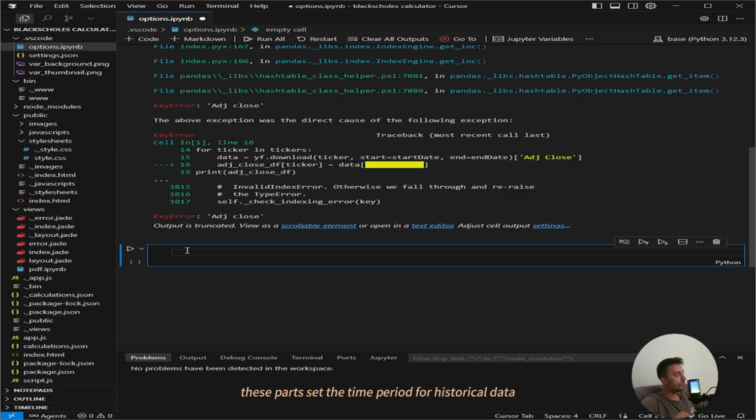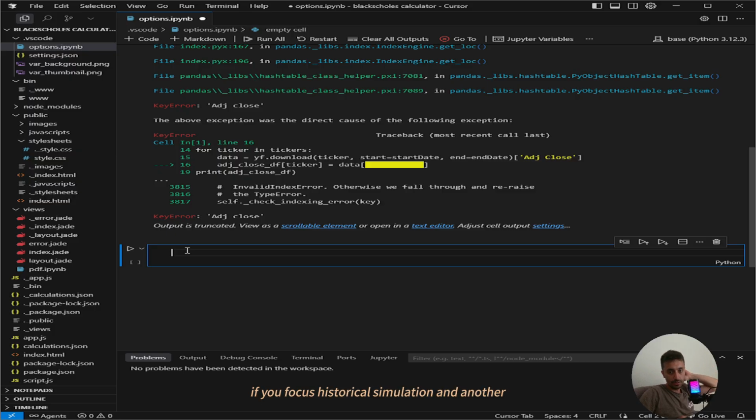This code sets the time period for historical data, defines a list of tickers and downloads their daily adjusted close price from Yahoo Finance. Then we have to calculate log returns. What does log return mean?